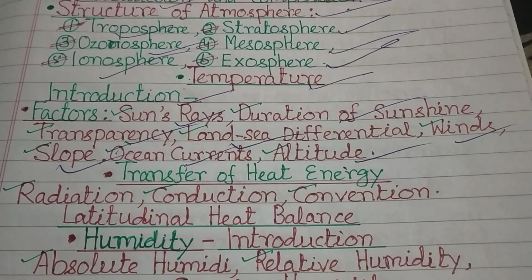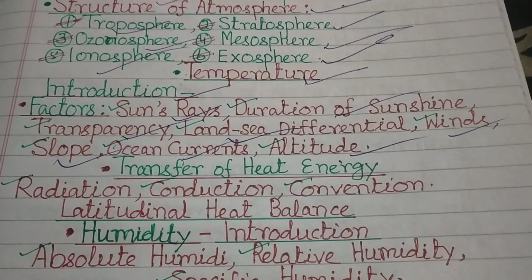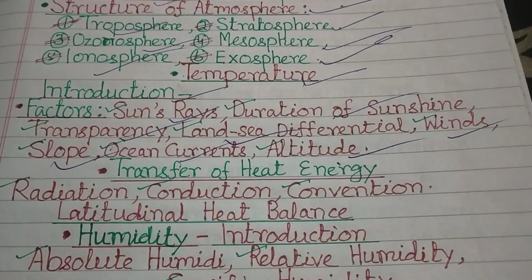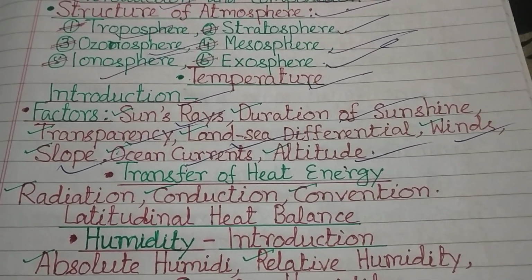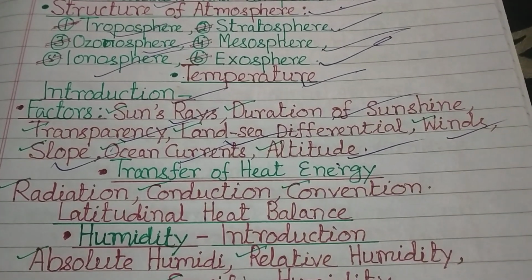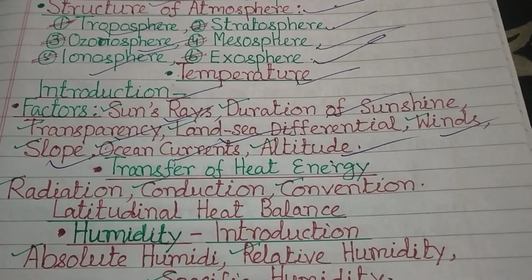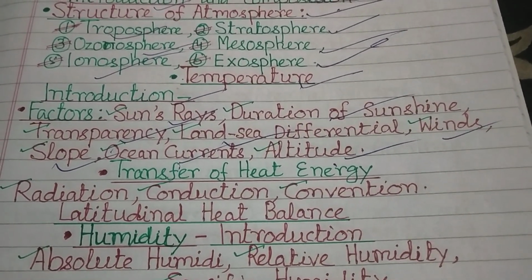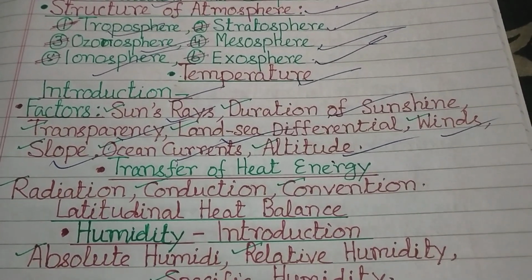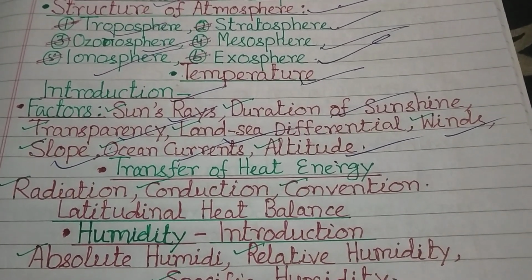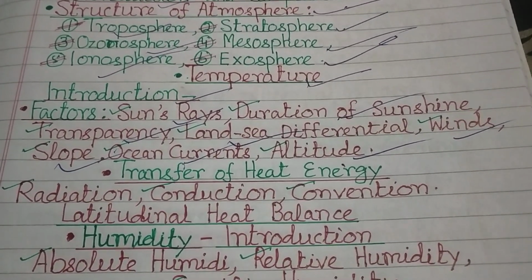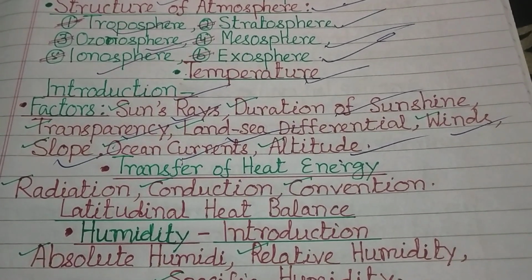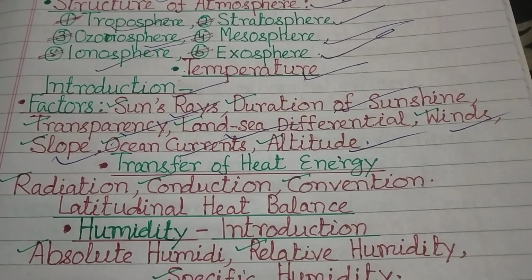And finally, the last important factor that we would discuss is altitude. Altitude has a direct effect on prevailing temperatures. This is because the lower layers of the atmosphere are compressed under atmospheric pressure and are closer to Earth's surface.